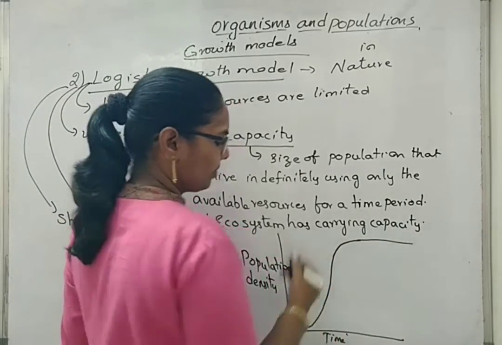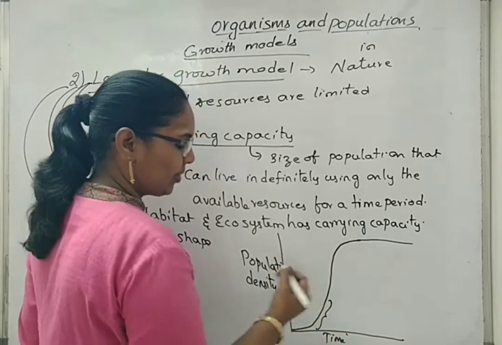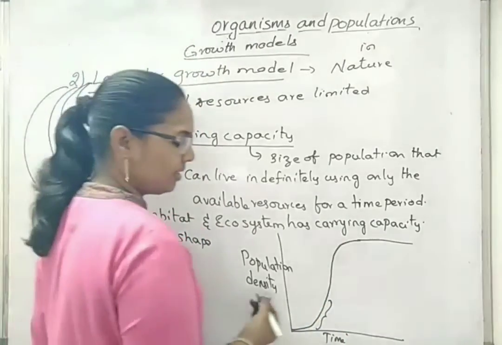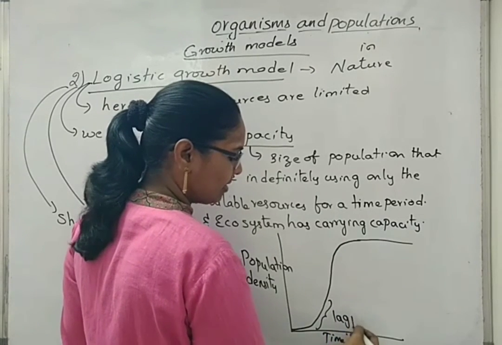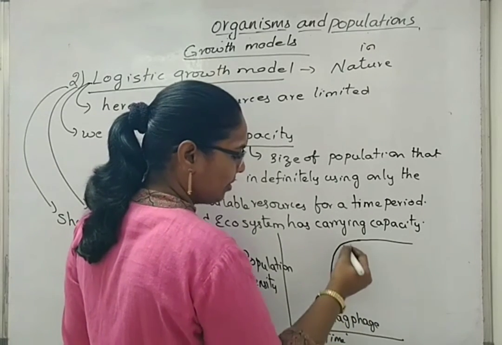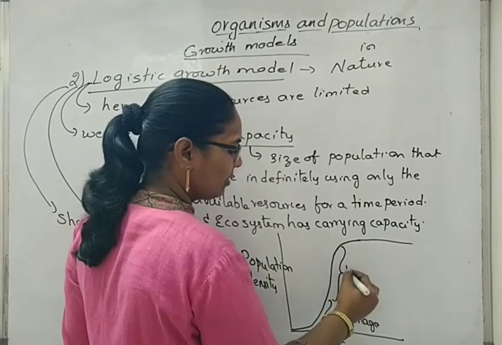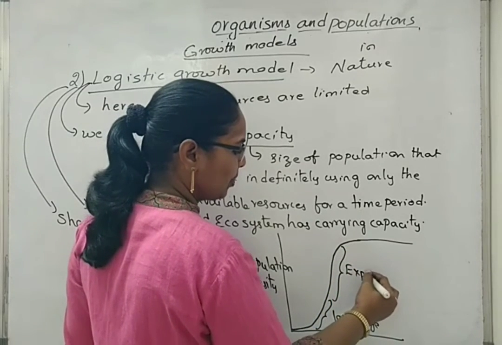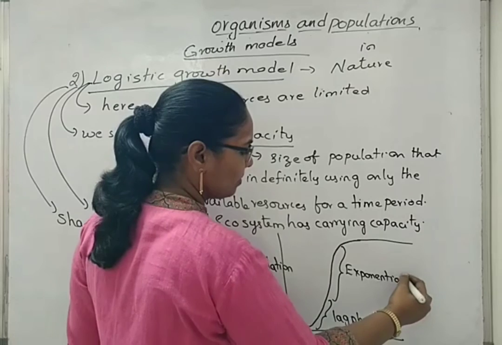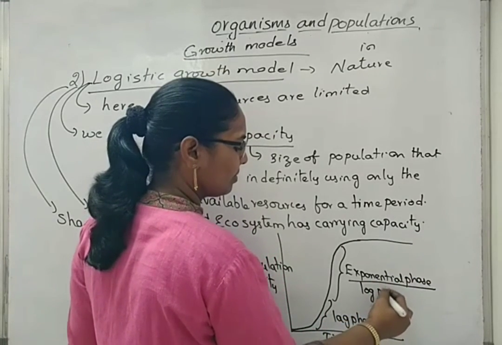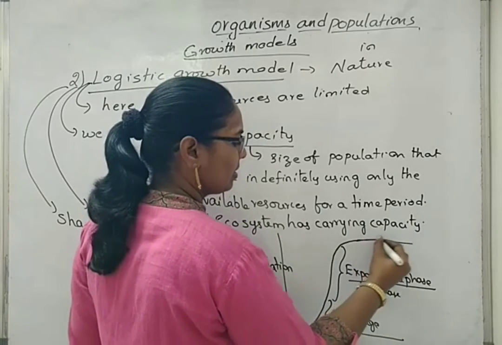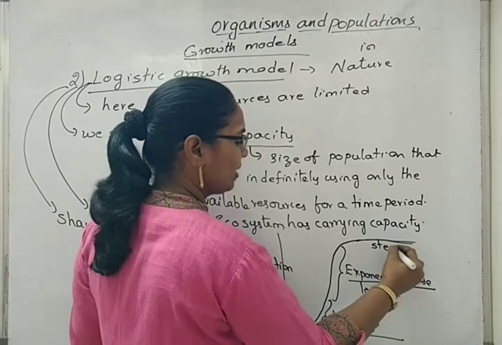The initial stage, when organisms increase slowly, is the lag phase. When they suddenly increase their number, this is the exponential phase or log phase. This line indicates the steady state of the graph.